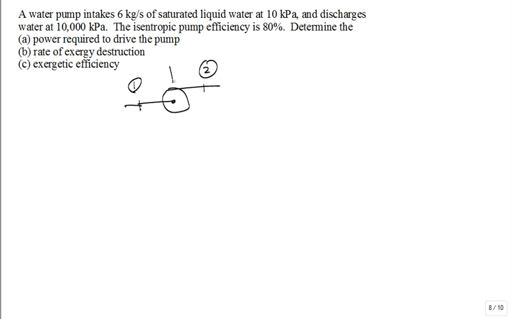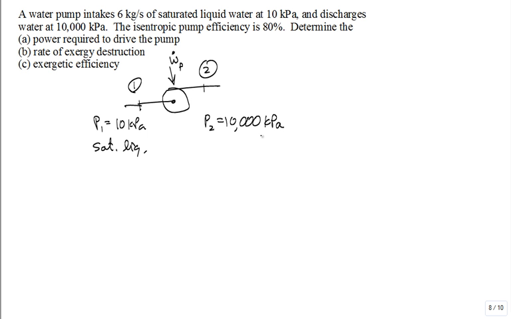There's power being supplied to that water pump. The pressure at 1 is known to be 10 kPa. It's also known to be saturated liquid. At state 2, it's going out at much higher pressure, 10,000 kPa.